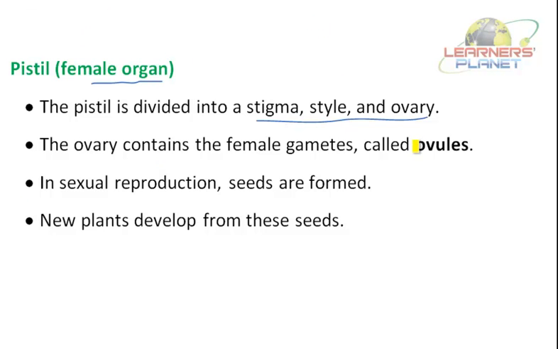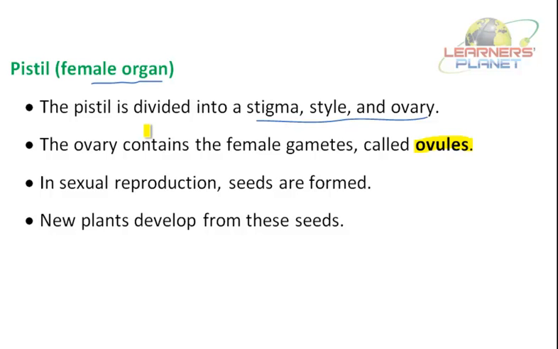Yes, we call it ovules. In sexual reproduction, seeds are formed and new plants develop from these seeds. So basically, the pistil functions as the female organ in a complete flower, and it is very helpful in sexual reproduction.